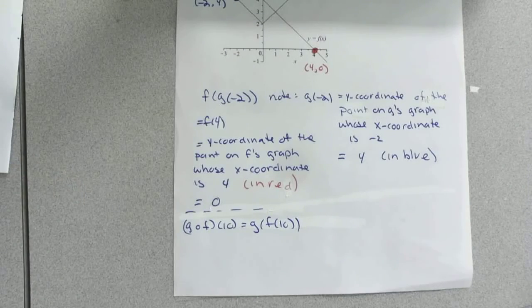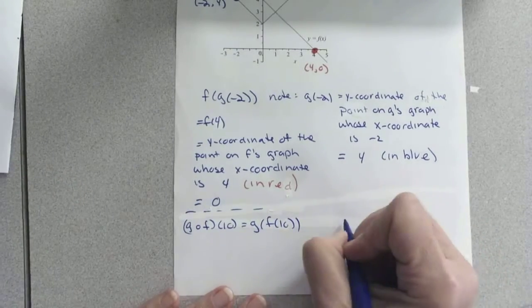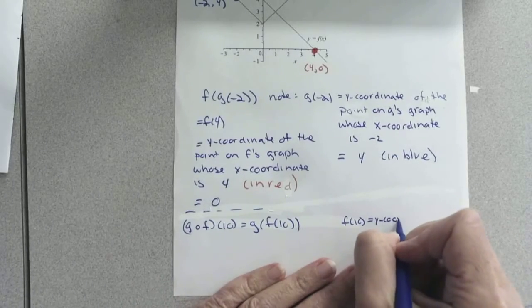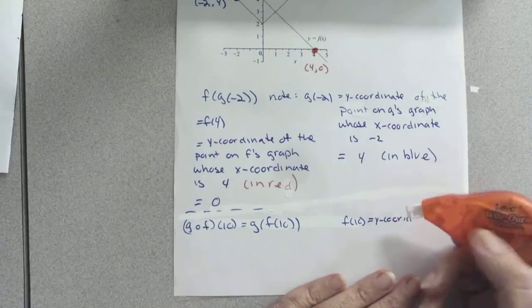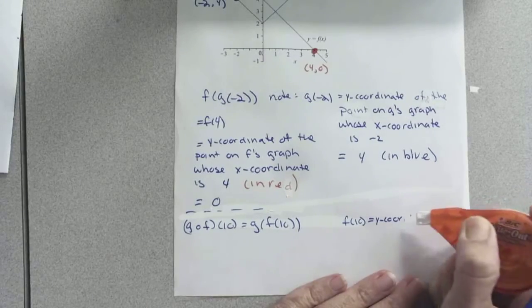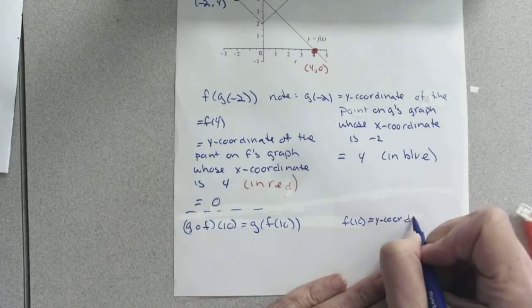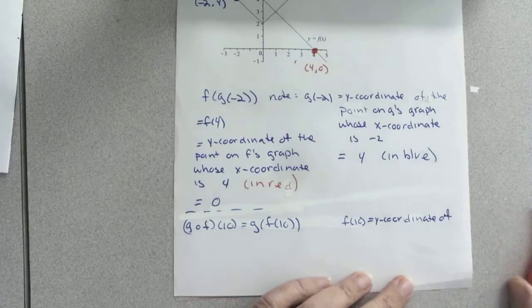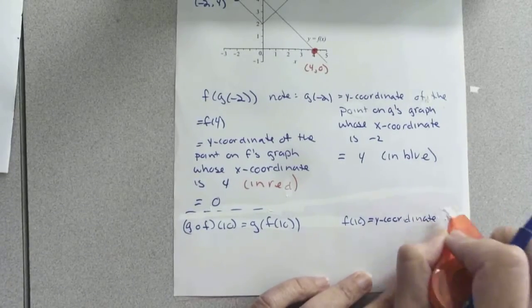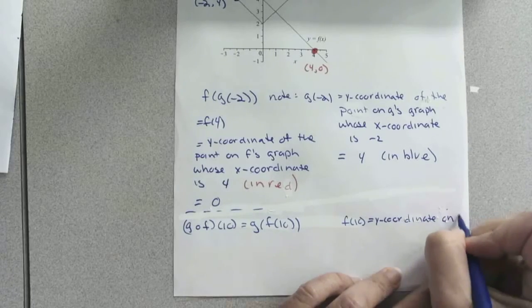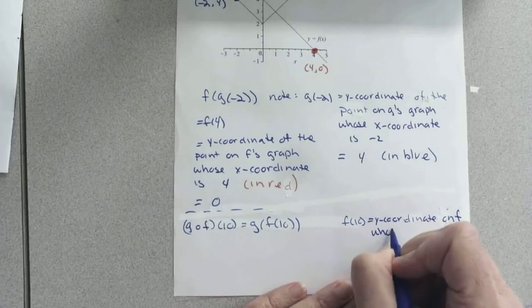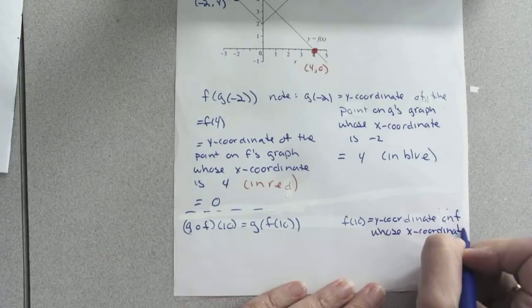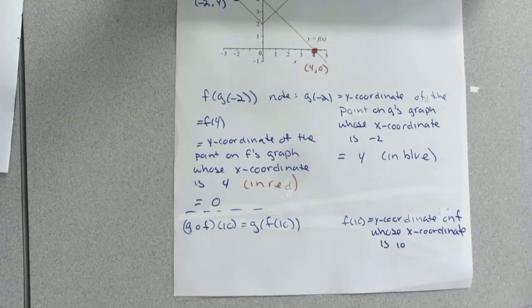And then do the same thing. f of 10, the y-coordinate on f whose x-coordinate is 10.